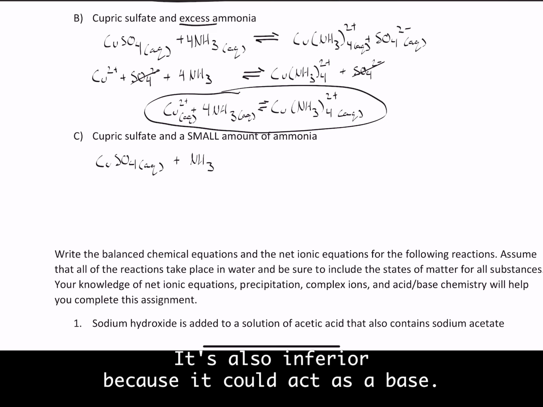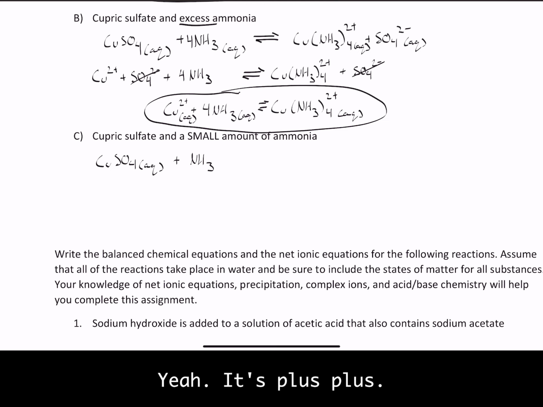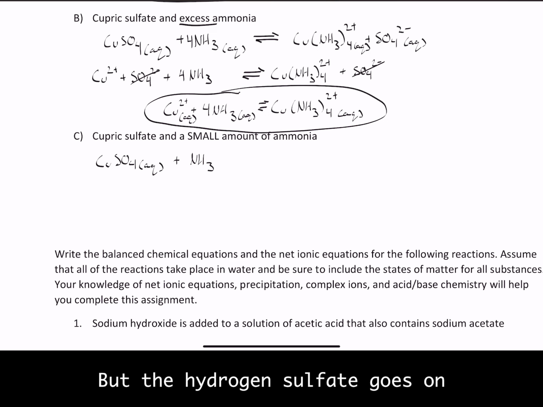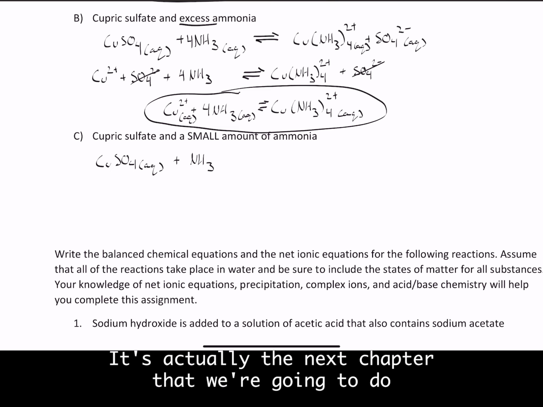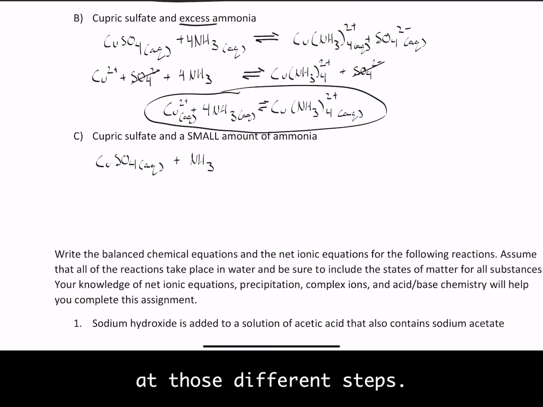It's also amphoteric because it could act as a base, but when it loses that other hydrogen, H plus plus SO4 2 minus, almost none of the hydrogen sulfate goes on to lose that second hydrogen. And so it happens in steps. Actually the next chapter that we're going to do is how do we calculate how much dissociates at those different steps.